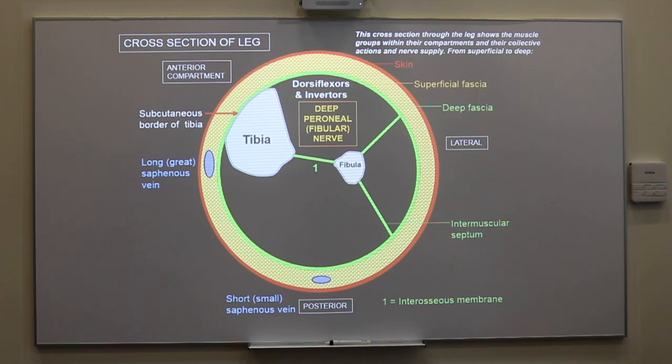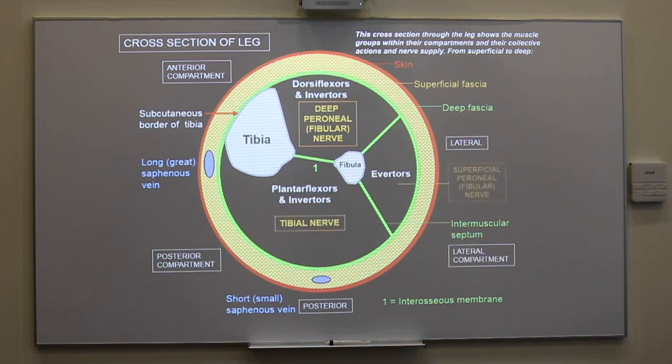The flexor hallucis is going to go to the big toe, so it does plantar flexion of the big toe, while the flexor digitorum longus is going to go to the lateral 4 toes, so it is also important in flexing the lateral 4 toes. The major nerve supply of the lateral compartment is the superficial peroneal nerve, and the major nerve supply of the posterior compartment is the tibial nerve.